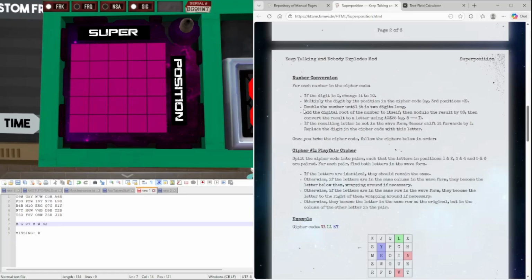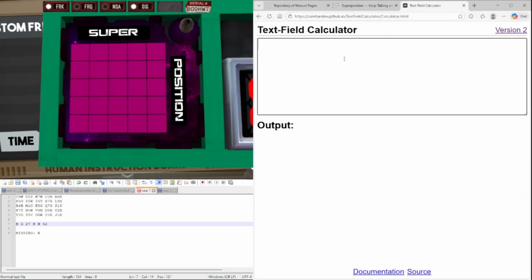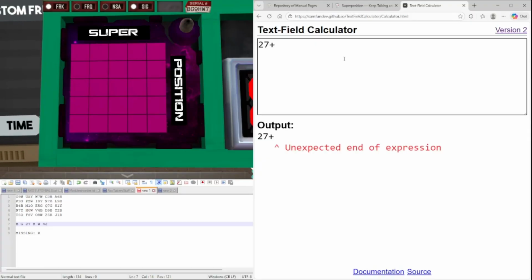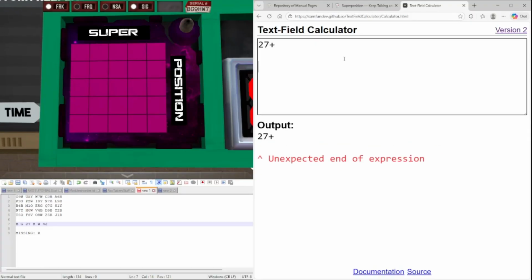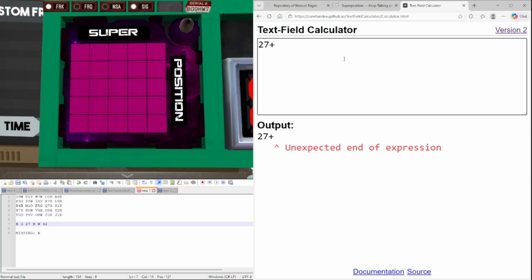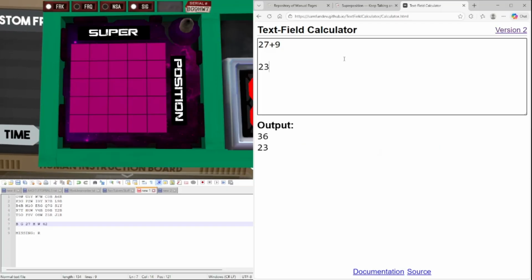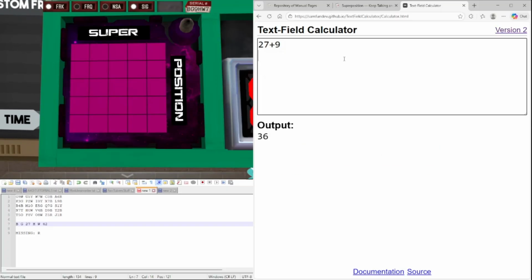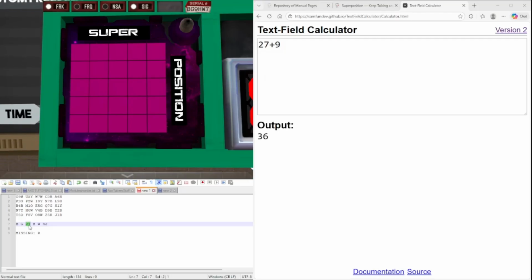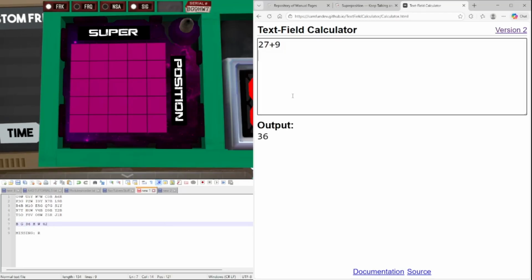The number is too long. Add the digit with the number to itself. So 27 plus 2 plus 7 is 9. 2 plus 7 is 9, yeah. So it's going to be 36.